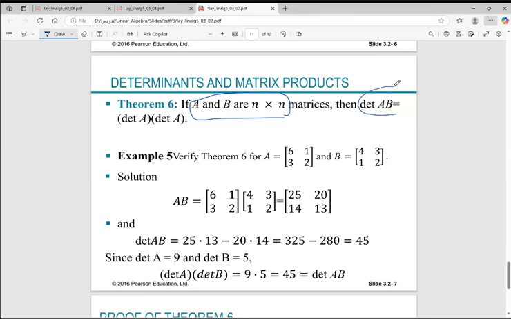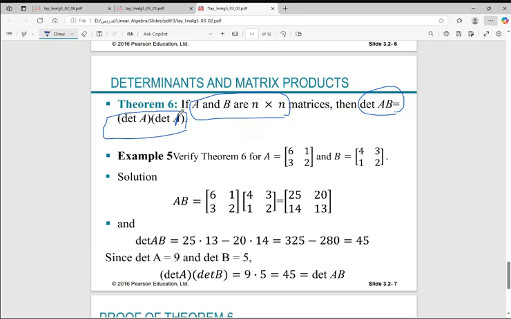Determinant of AB equals determinant of A times determinant of B. This theorem says if you have two matrices, it doesn't matter if you first multiply them and compute AB and take the determinant of AB, or equivalently, you first take the determinant of A and the determinant of B, then multiply the determinants.